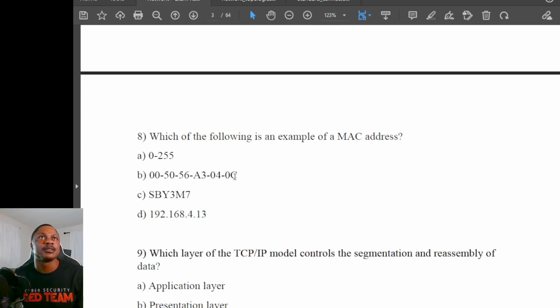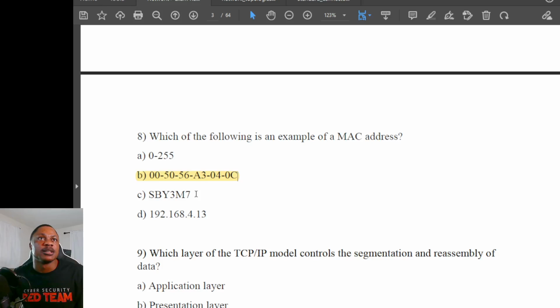Now question 8: which of the following is an example of a MAC address? That was B, a 48-bit address. I was saying you can always count these hexadecimal numbers: 1, 2, 3, 4, 5, 6 times 8, that's 48.